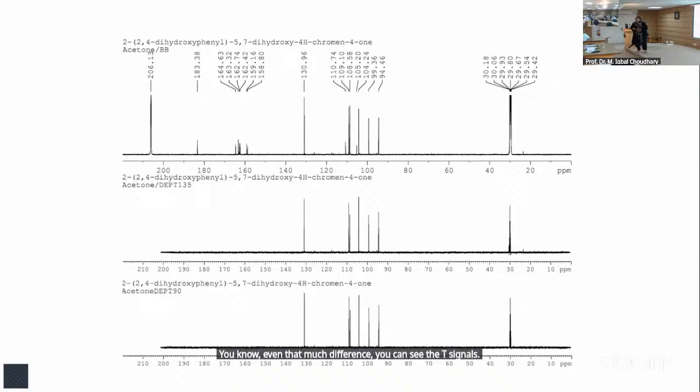And the reason behind it is the scale from 0 to 220. In proton, you have a much smaller scale, so the information is there, just overlapped. But here the scale is bigger, so all these are separate. But you can have carbons that are magnetically equivalent at exactly the same shift. All right, so any other question?